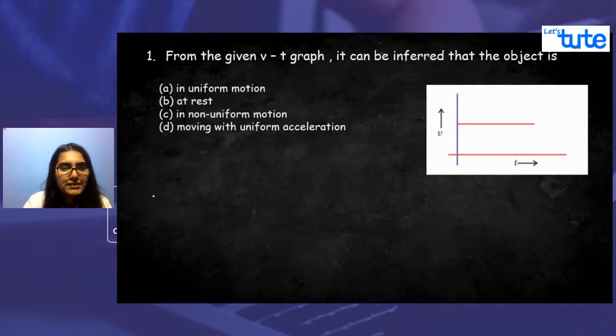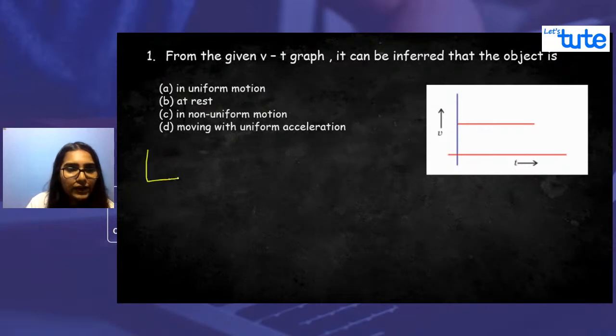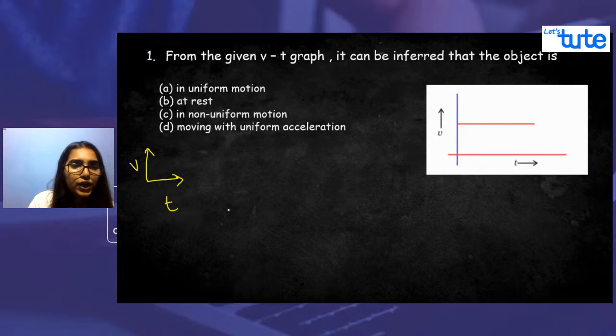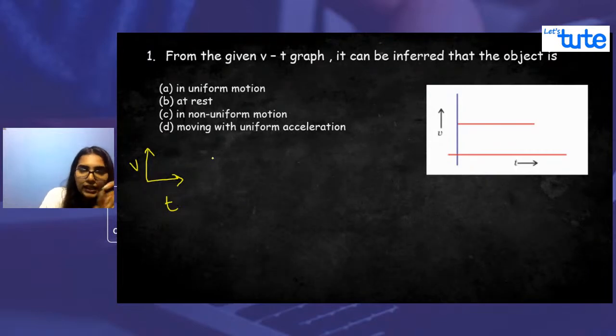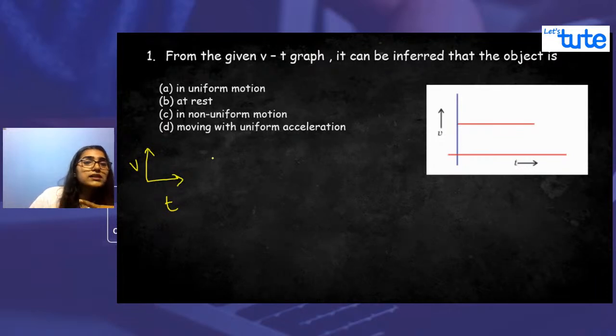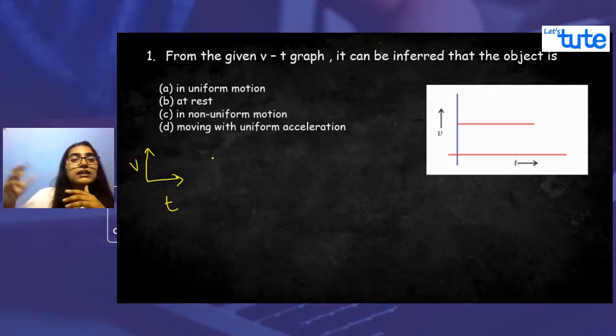Think of the option. There's a velocity time graph, and if you're trying to plot a velocity time graph, remember, there are three things that you have to plot. First, when a body is moving with a uniform or constant velocity. Second, when a body is moving with a non-uniform velocity, and in non-uniform there are two things: first, when the body is moving with a constant acceleration, that is, the velocity is increasing but constantly.